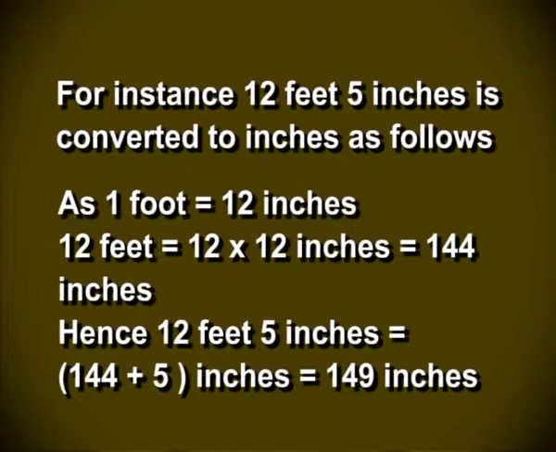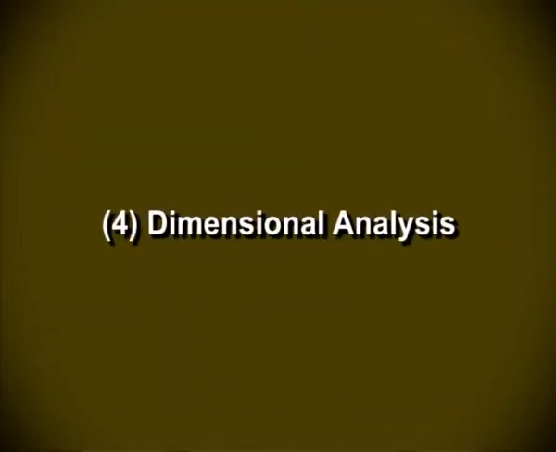Hence, 12 feet 5 inches is equal to 144 plus 5 inches, which is equal to 149 inches.